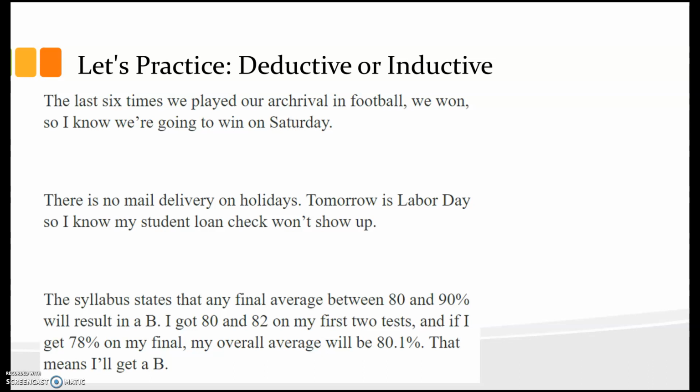That means I'll get a B. The syllabus is stating that if your average is between 80 and 90%, you will get a B. The student gets an 80 and 82 on their first 2 tests, and if they were to get a 78% on the final, then their average will be 80.1%. Since 80.1 falls between 80 and 90%, we can safely conclude that this student will get a B. So this is also an example of deductive reasoning.